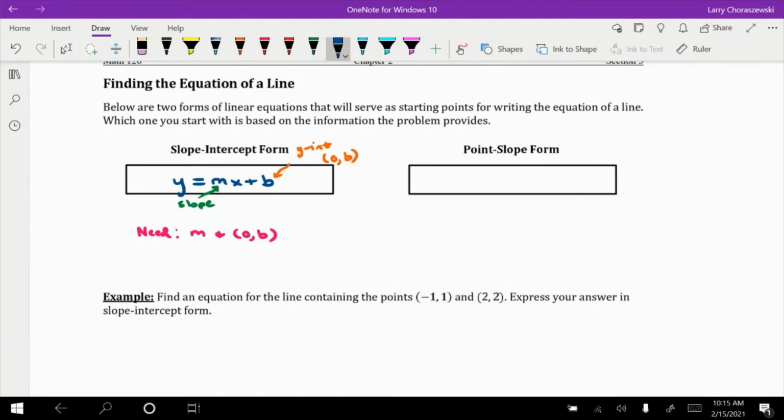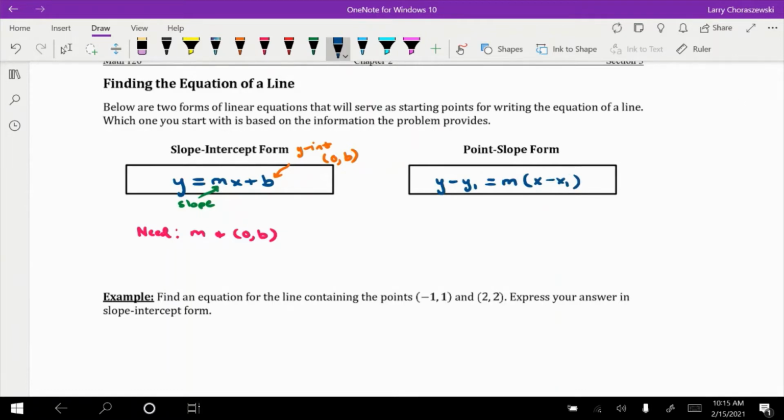Okay, so if you don't have both the slope and y-intercept, then you defer to the point slope form, which goes y minus y1 equals m parentheses x minus x1.